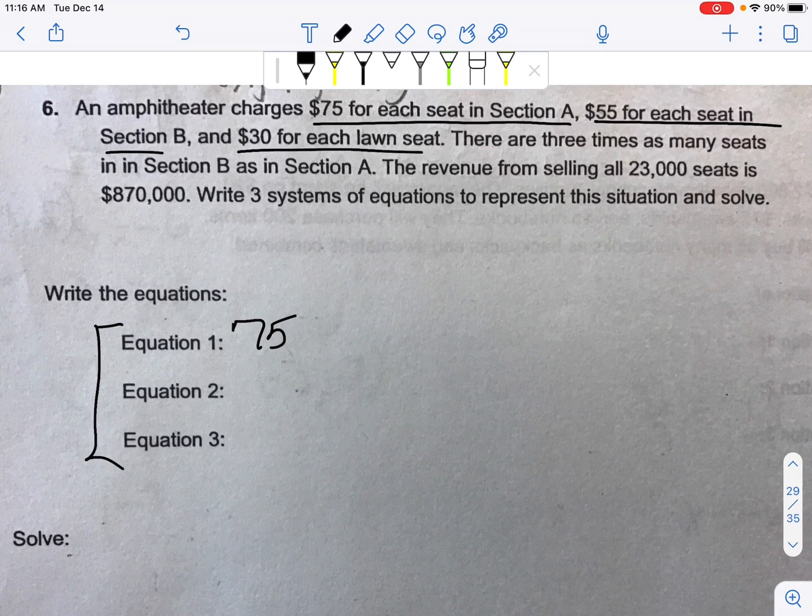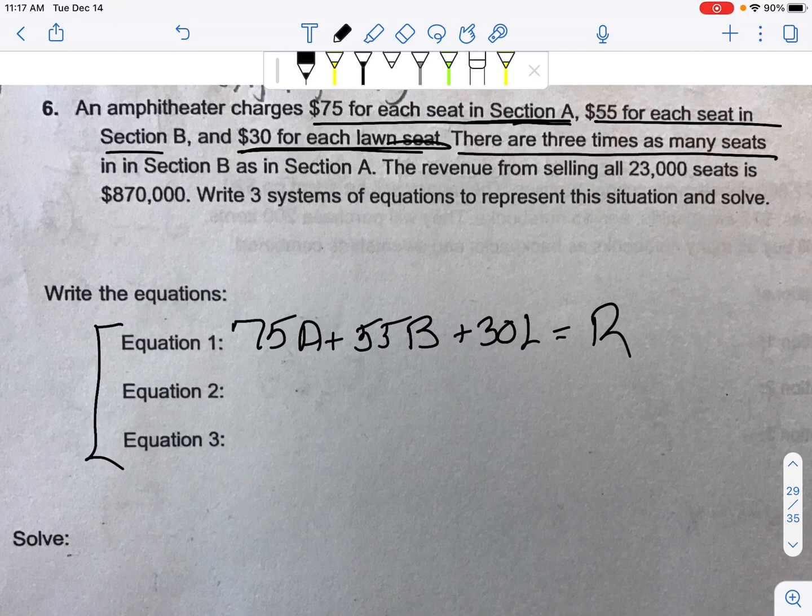We'll get it later in the story problem, but I'm going to start writing my equation now: 75 times all the seats in section A plus 55 times all the seats in section B plus 30, and for lawn seats I'm just going to use a capital L, 30 times L will give us the revenue, which we don't know quite yet, so I'm just going to leave it as R and see if they tell us what the revenue is later.